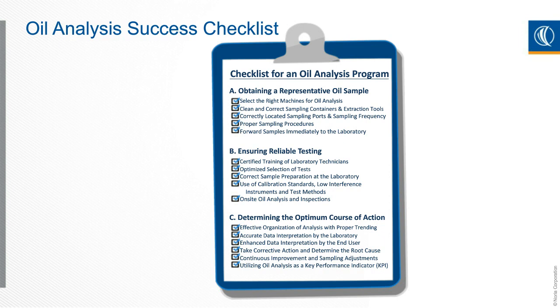The next group here involves the testing, so everything that's actually happening at the laboratory: the training and certification of the technicians and the optimization of the test selection, which you may be involved in in addition to the laboratory. Correct sample preparation at the laboratory using calibration standards, low interference instruments. And on-site oil analysis and inspections.